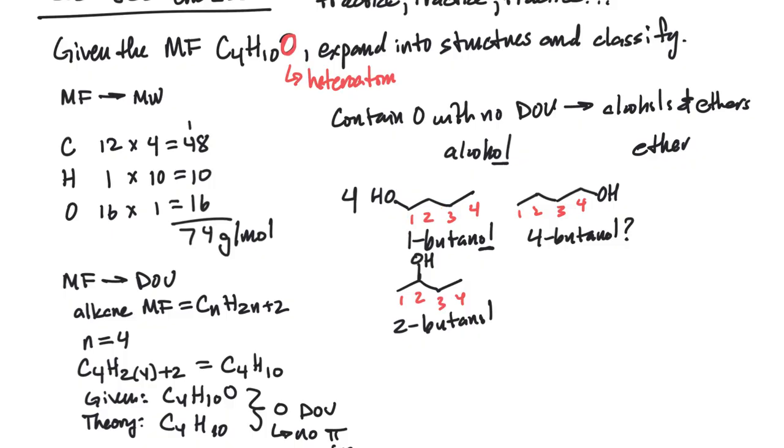So we will see as we progress through the modules the rules for nomenclature that basically state any functional group has to get the lowest possible number on the carbon chain in which it's located. So the OH group is on position 1, so this is 1-butanol. Even though we're numbering this chain this way, and in theory this could be called 4-butanol, that violates the nomenclature rules because that OH group does not have the lowest possible number it could be.